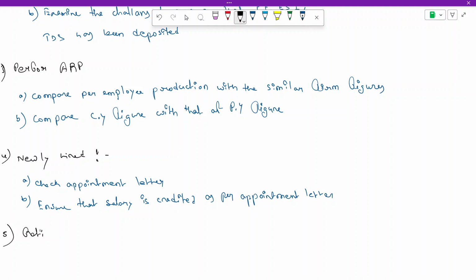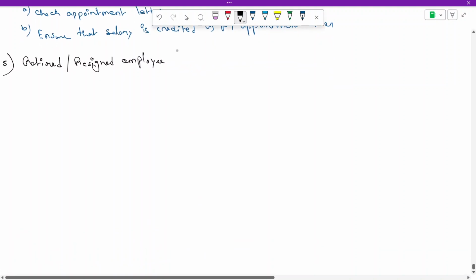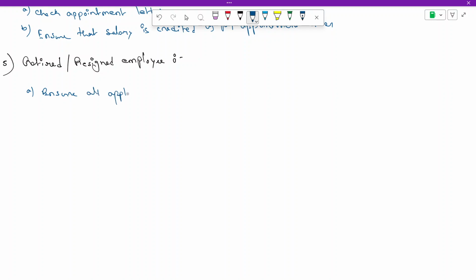In case of retired or resigned employee, ensure all applicable laws are complied.